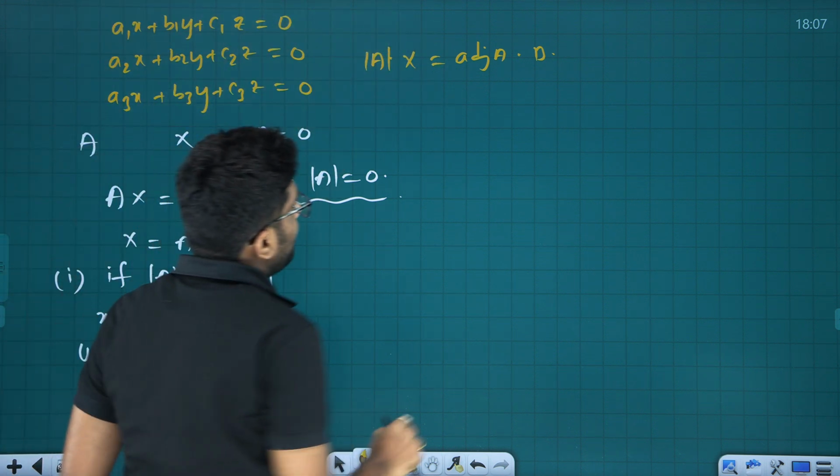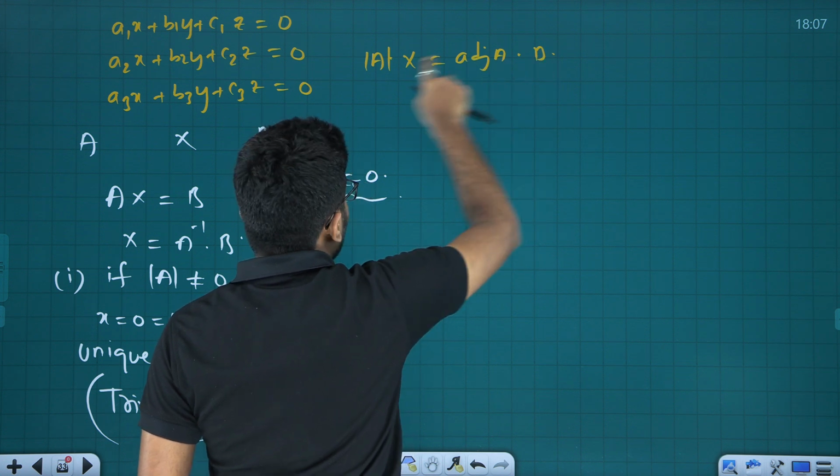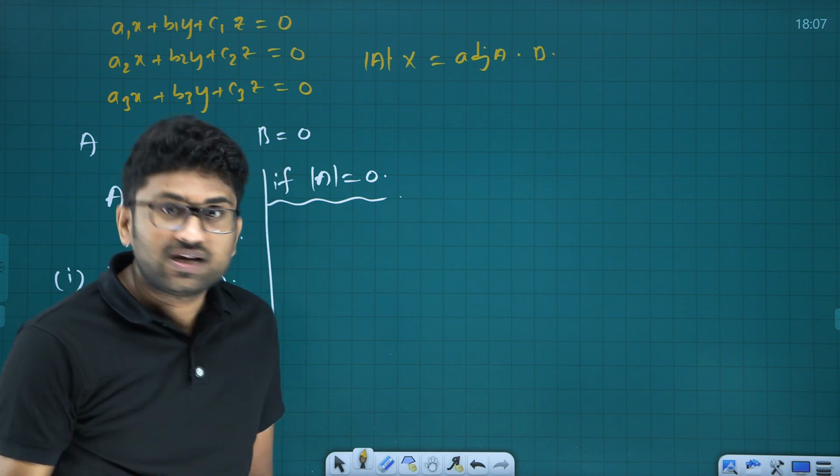Now in that case what happens? B is already 0, no? So 0 into adjoint A is 0, det A is also 0, 0 into X will also be 0. So for any x, y, z it is true.